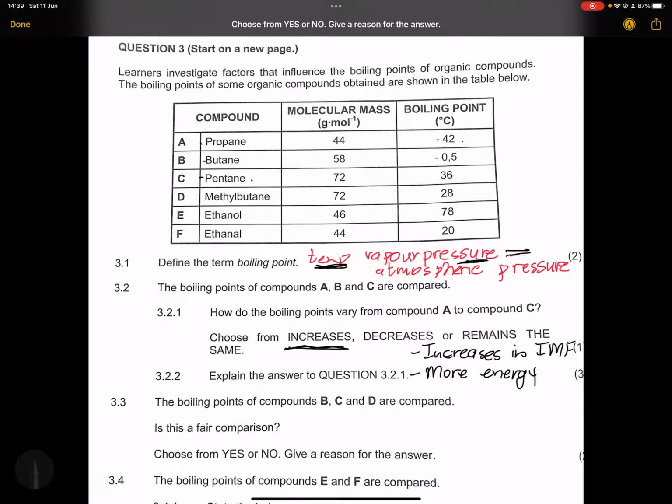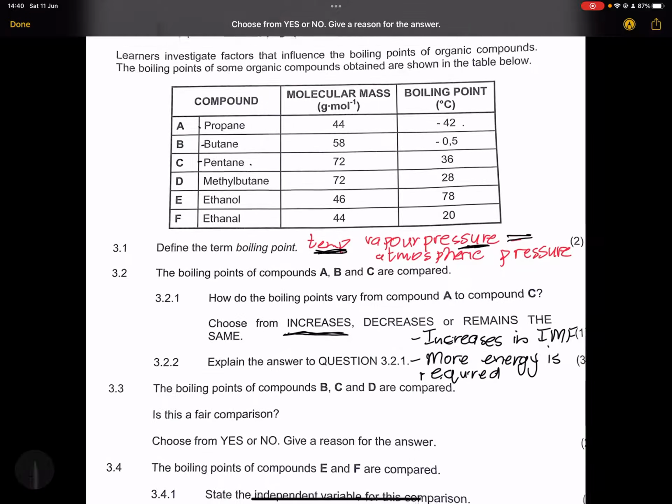More energy is required to separate the molecules of C than that of B. Therefore, that is why the boiling point would be higher. I'm just lazy to write all of that down, but please remember that is how we always try to explain that.